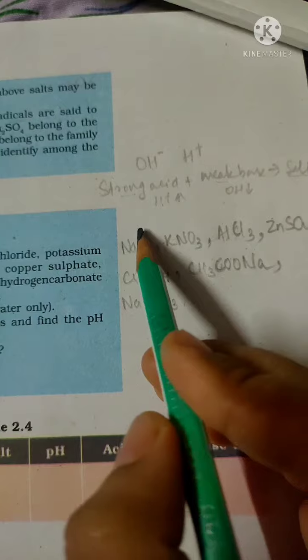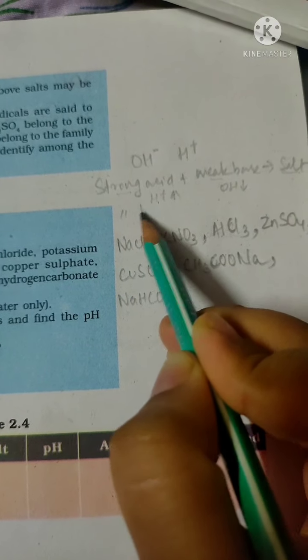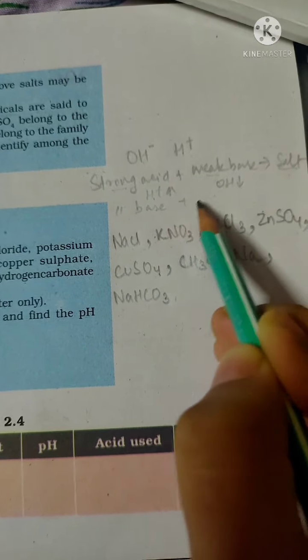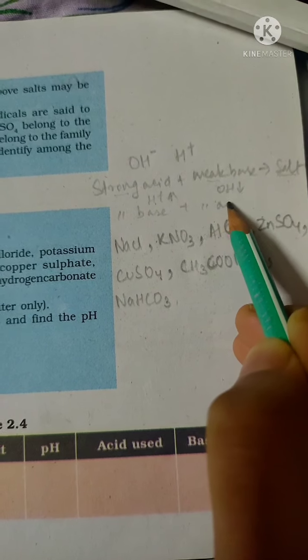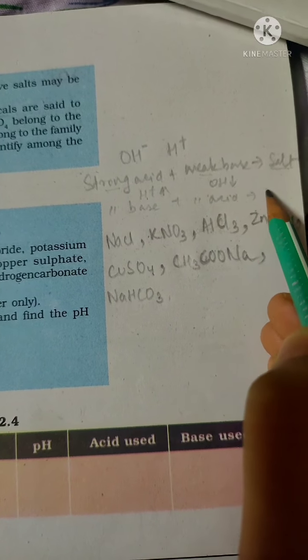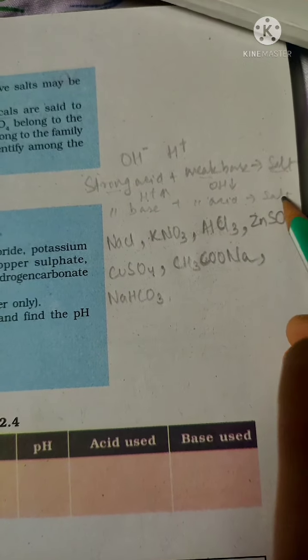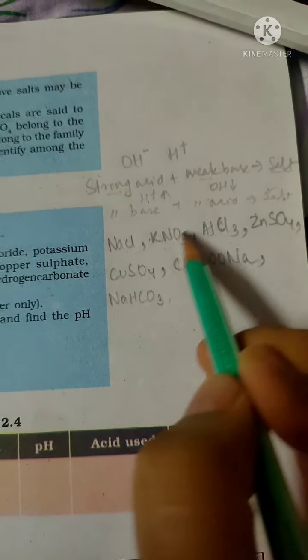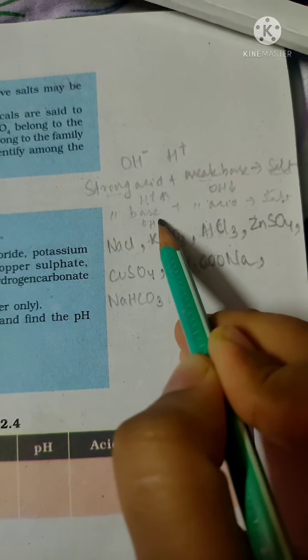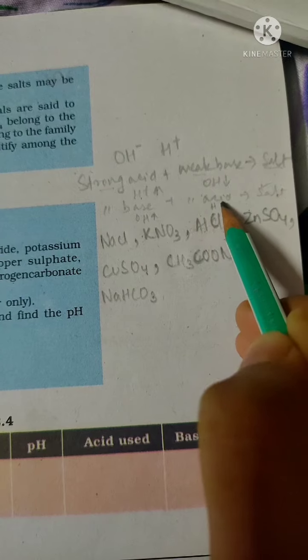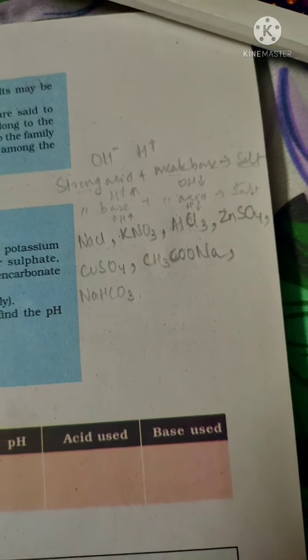Similarly, if we have a strong base plus weak acid, then we will get a salt that will be basic in nature because OH minus will be more and H plus will be less.